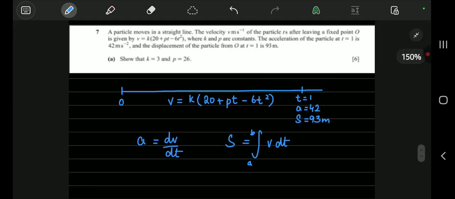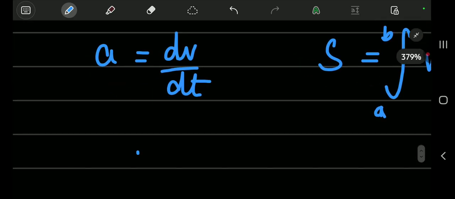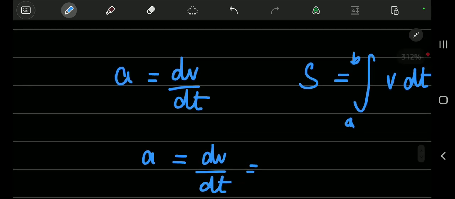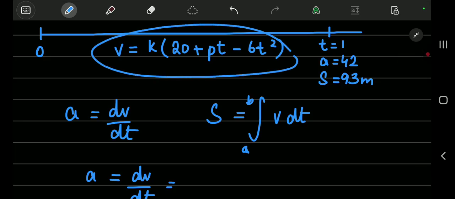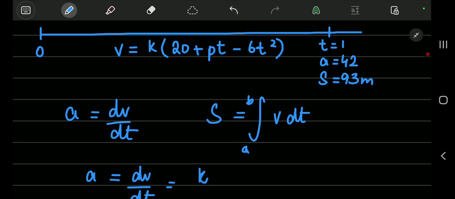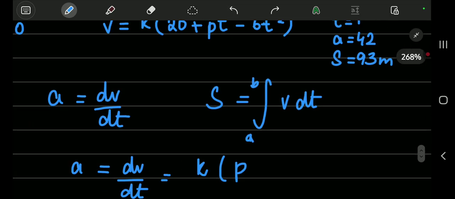Okay, now we will first differentiate this. The derivative of this equation will be k times: the derivative of 20 is 0, the derivative of pt is p, and the derivative of minus 6t squared is minus 12t.